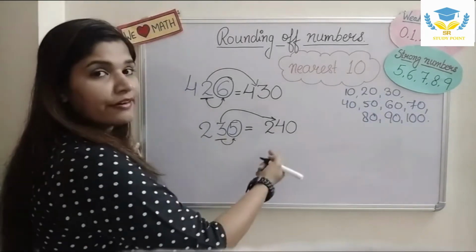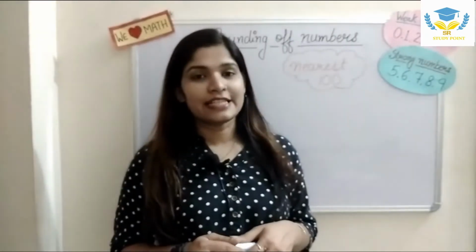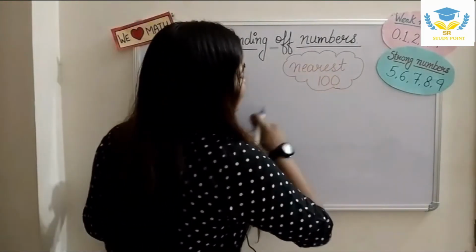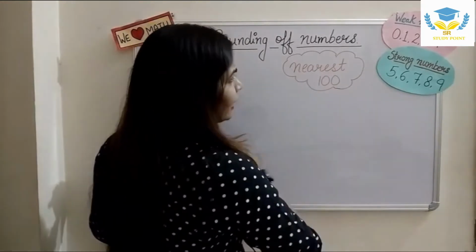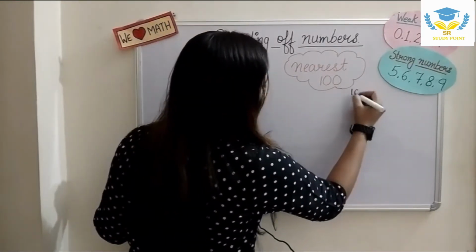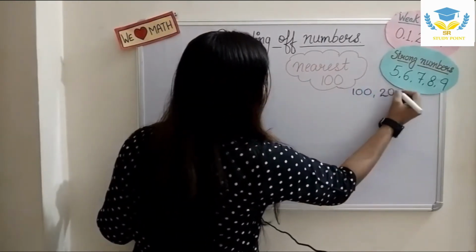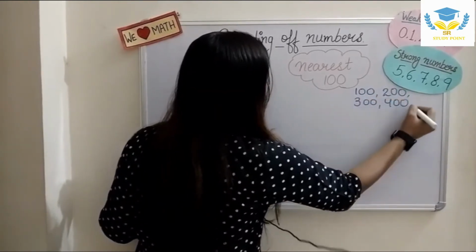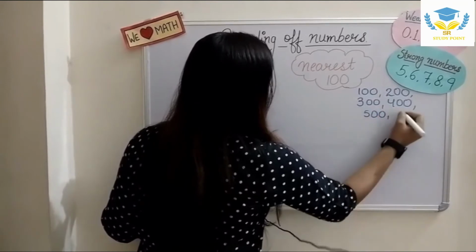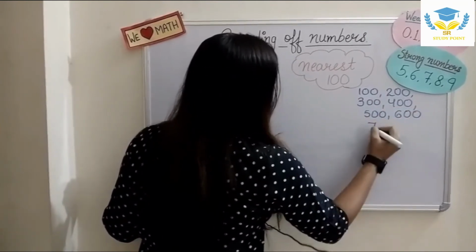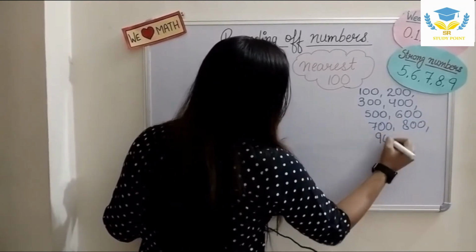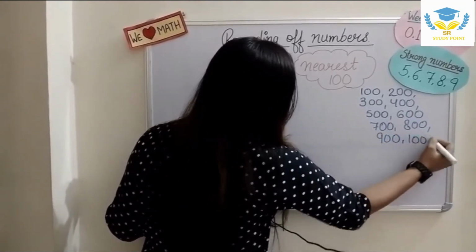235 will become 240. Now let us see how to round off the numbers to the nearest 100. Children, let me write down the multiples of 100. Those are 100, 200, 300, 400, 500, 600, 700, 800, 900 and 1000.